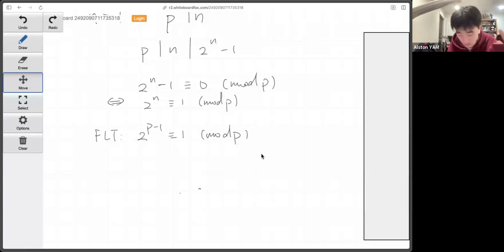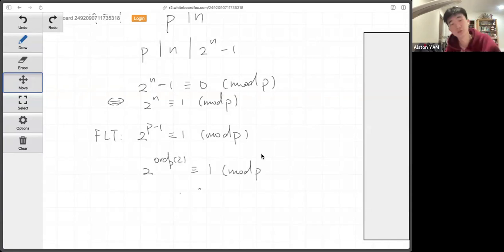but also you know that the order of 2 with respect to p. Wait, no. Getting my notation messed up. 2 to the order of 2 with respect to p is congruent to 1 under mod p. That's just the definition, right?